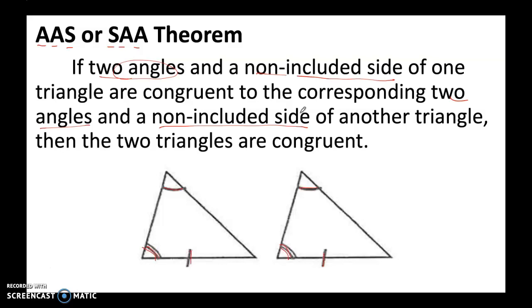This is the illustration for the SAA theorem. We have two angles and a non-included side congruent to the two angles and non-included side of another triangle.